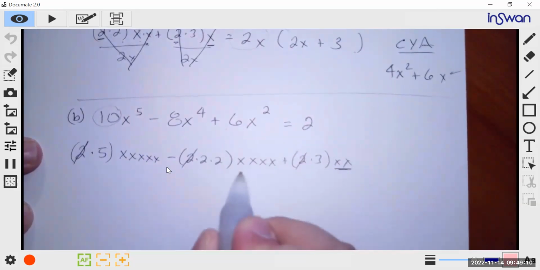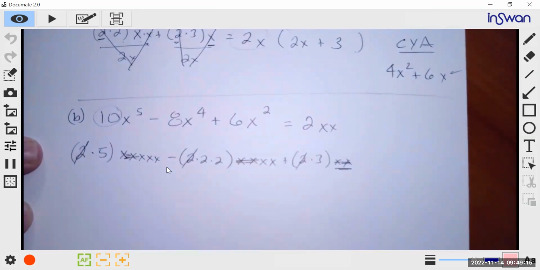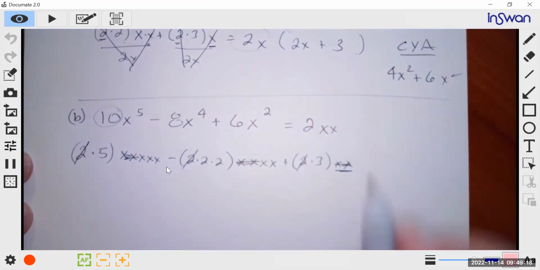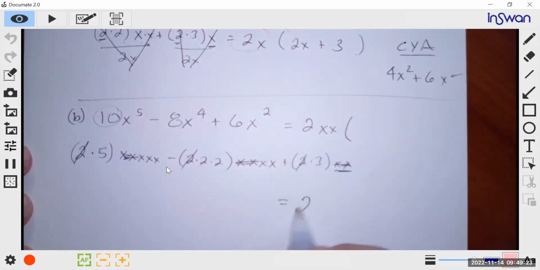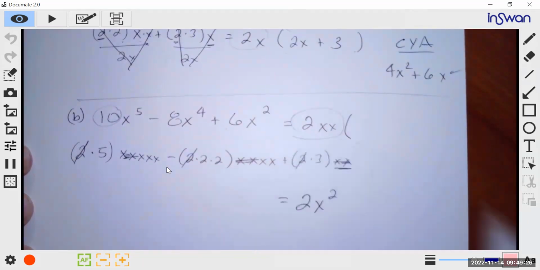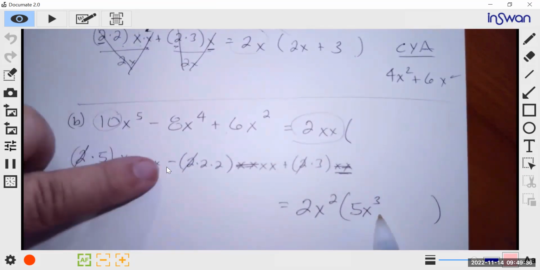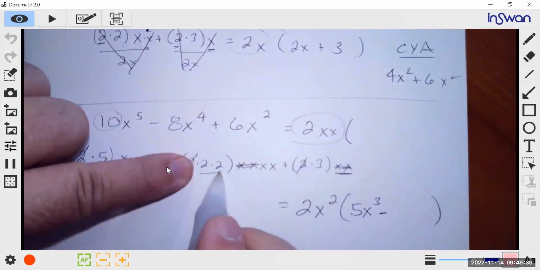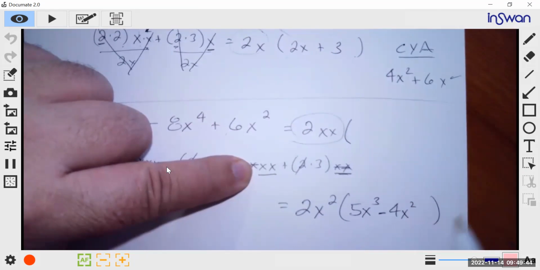And they have 2 x's. So we have 2x squared. That's that part. What do we have inside the parenthesis? 5x cubed minus 2 times 2 is 4. X squared plus 3.